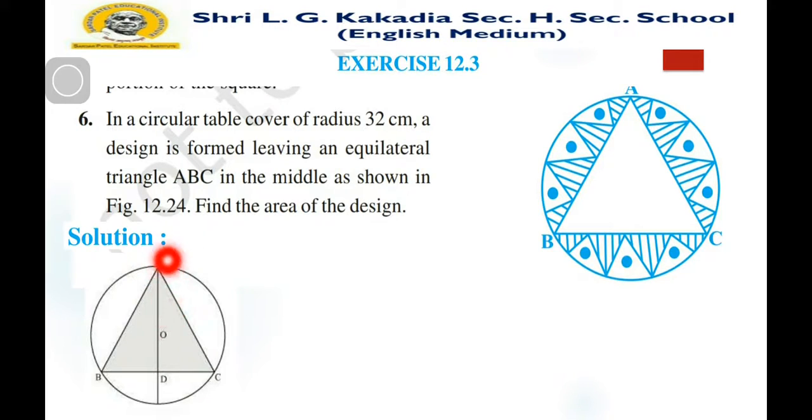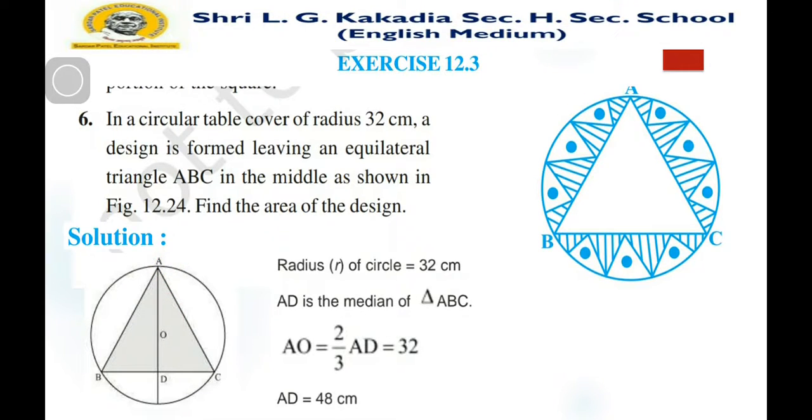If you want to find the radius of this circle, AO, then as you know the radius of the circle is 32 centimeter, and AD is the median of triangle ABC. So AO is equal to 2 by 3 AD. It is the formula for such an equilateral triangle. So AO is equal to 2 by 3 AD, that is equal to 32. Hence we want to find AD. So AD is equal to 48 centimeter.